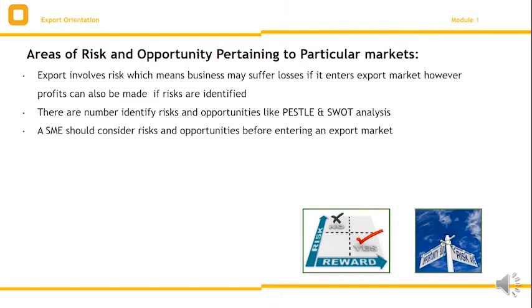You could also do what we call a SWOT analysis, where you analyze your organization's strengths, weaknesses, opportunities, and threats. As an SMME, you should consider the risks and the opportunities before you enter the export market, meaning that you should do a PESTEL analysis as well as a SWOT analysis before you enter the export market.